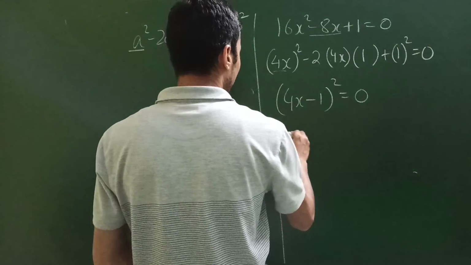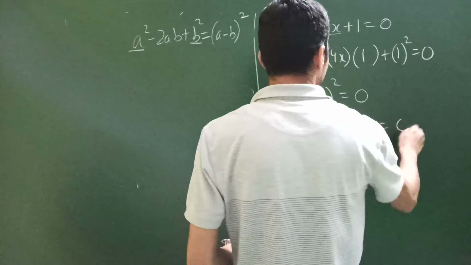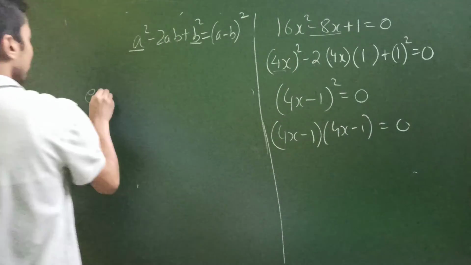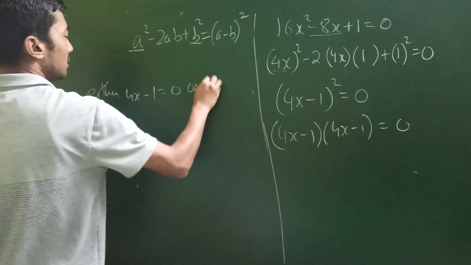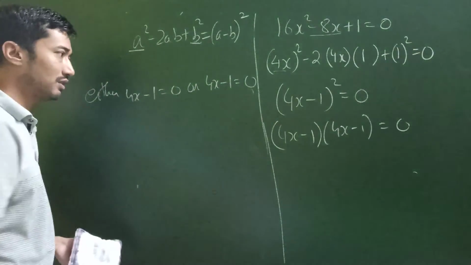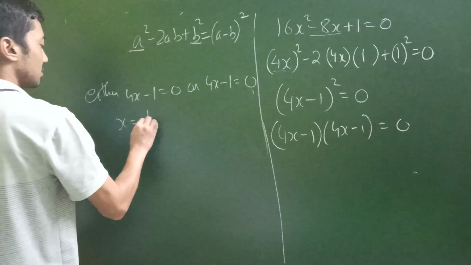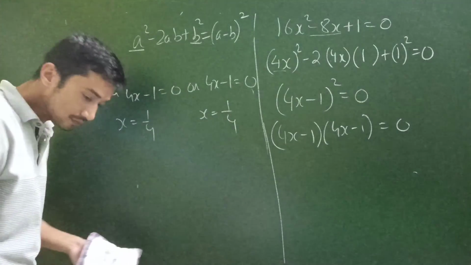So we will just expand 4x minus 1, 4x minus 1, 0. So again, as usual, either 4x minus 1 equal to 0 or 4x minus 1 equal to 0. So likewise, just like the previous question, we have x equal to 1 by 4.